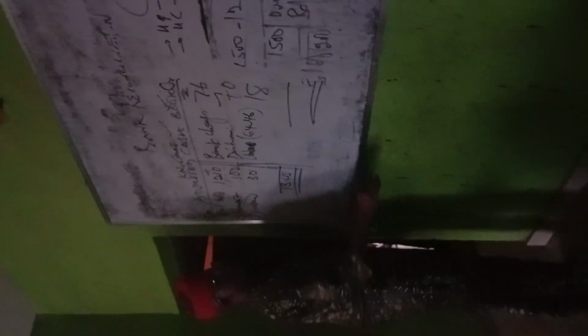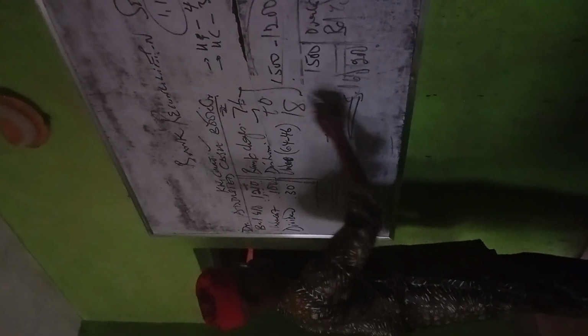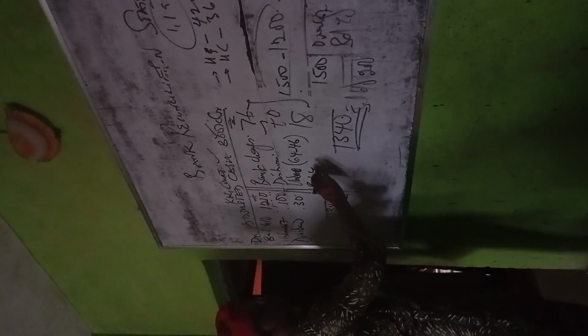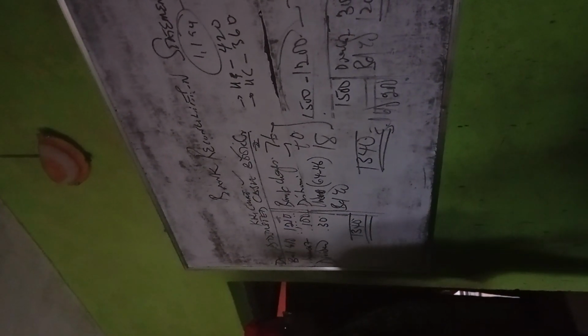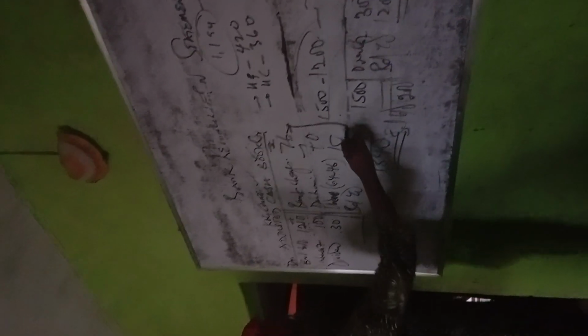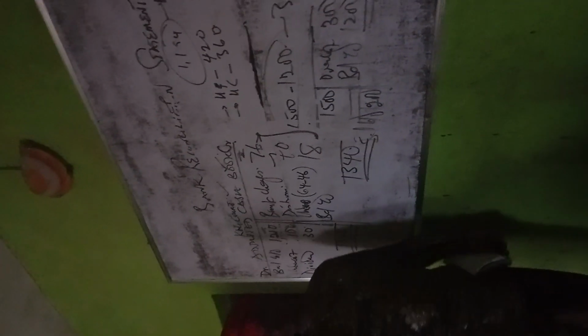So at the end of the day, let's total this and let's have a total. When you add this to this, 1,210 plus this, 1,340. This one also should give us 1,340. What's the addition of all this? 76 plus 70 will give us 146.